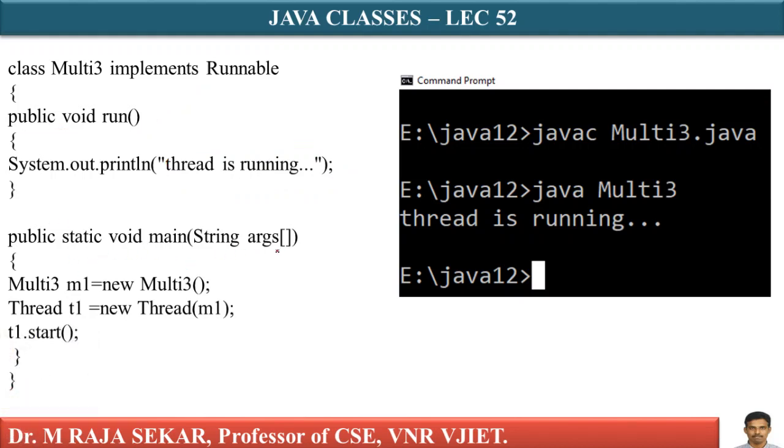Public static void main, string args, where we can create objects. What is my class name? Multi3. Class name, object name equal new class name. Therefore, m1 is my first object. Of course, I must make use of the thread class even if you implement the runnable interface. If you are not extending the thread class, your class object would not be treated as a thread object.